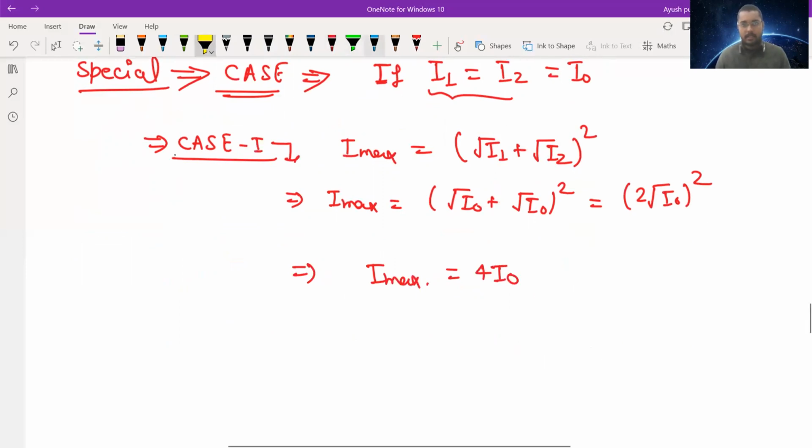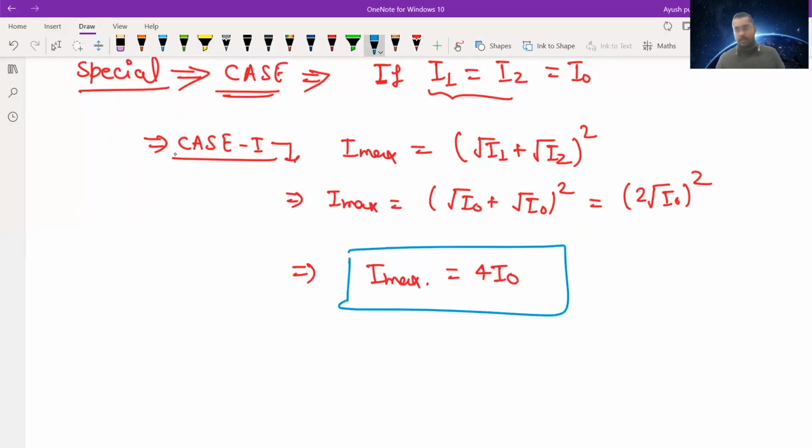You can clearly see the maximum intensity is not 2I0, even though the intensity of each individual wave was I0. From the intuitive brain, we tend to assume that the maximum intensity will be I0 plus I0, 2I0. But you can see if the intensity of the two individual waves are the same, then the maximum intensity is not 2I0, it is 4I0.